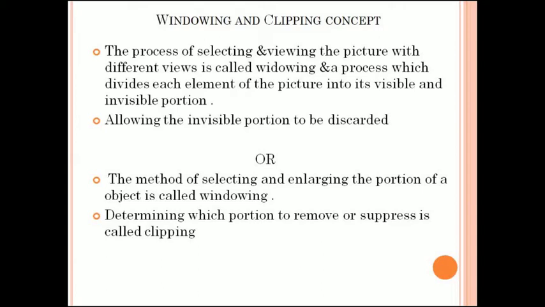Suppose there is a window, and through that window we see the outside picture, only what is visible within our window size. This is windowing, and clipping allows the invisible portion to be discarded, that is, the invisible portion is selected and removed.